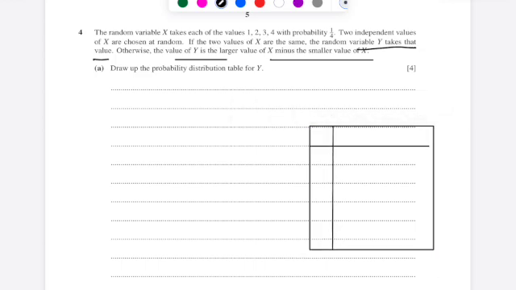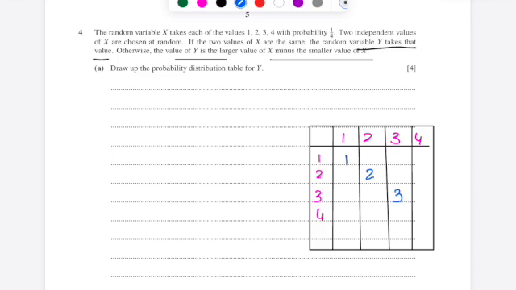So it's going to be 1, 2, 3, 4 and 1, 2, 3, 4. If the two values of x are the same, the random variable y takes that value. 1, 1 means it's 1, 2, 2 will become 2, 3, 3 will become 3, 4, 4 will become 4.